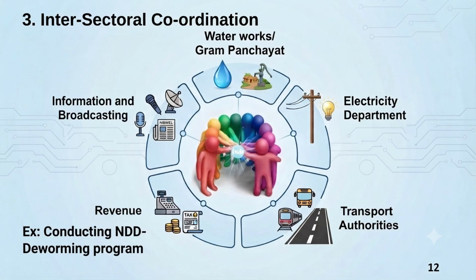And the third principle in primary healthcare is intersectoral coordination. We know that along with the healthcare sector, other sectors are there, like the electricity department, transport, waterworks, Gram Panchayat and all. So if we collaborate with all those departments, depending upon the health service we are giving, it will be more successful, or it will be implemented efficiently.